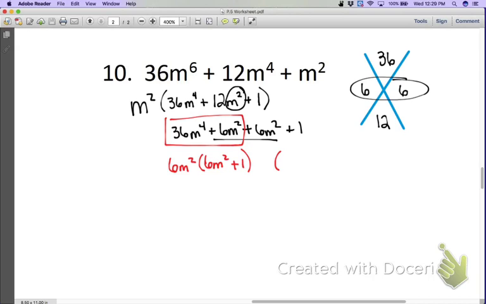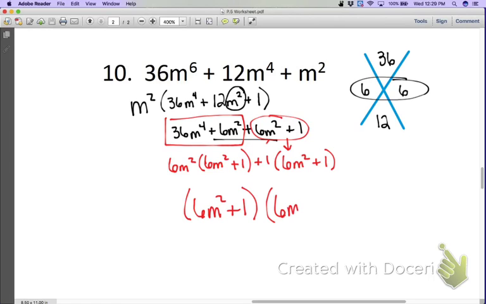Whatever goes in that one is going to go in my other one. 6m squared plus 1. Looky what we have here. It matches. So then factored is just 6m squared plus 1 and 6m squared plus 1 again, and don't forget the m squared that we had in front.